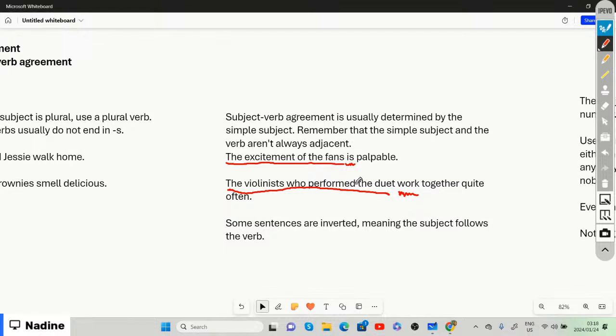And in this case, right, since the verb immediately follows the subject, we can say that some sentences are inverted, which means that the subject follows the verb. And as you can see with these two sentences, our subjects are the excitement of the fans and the violinist who performed the duet, and our verbs are is as well as work, right?